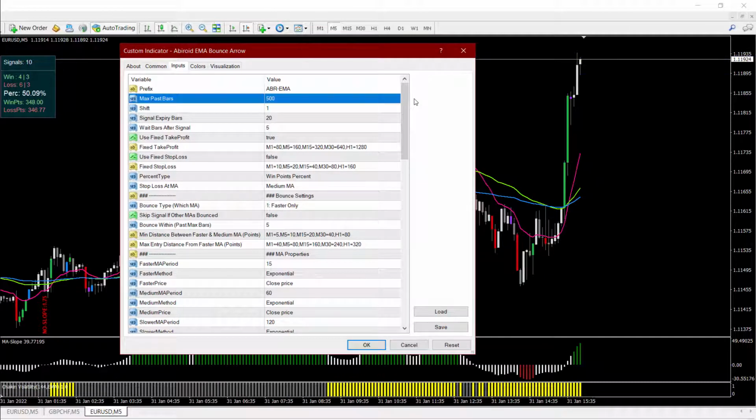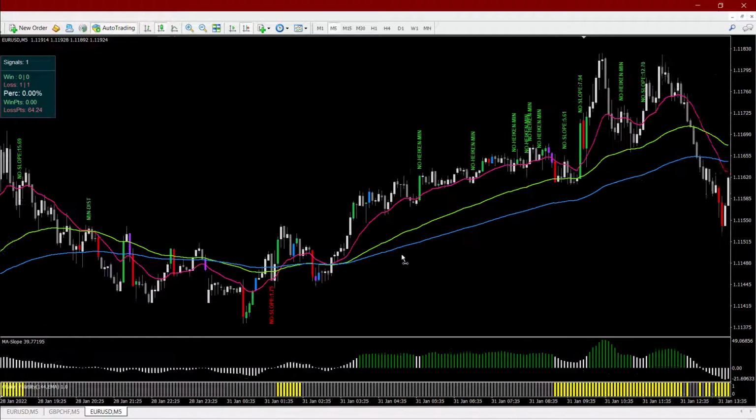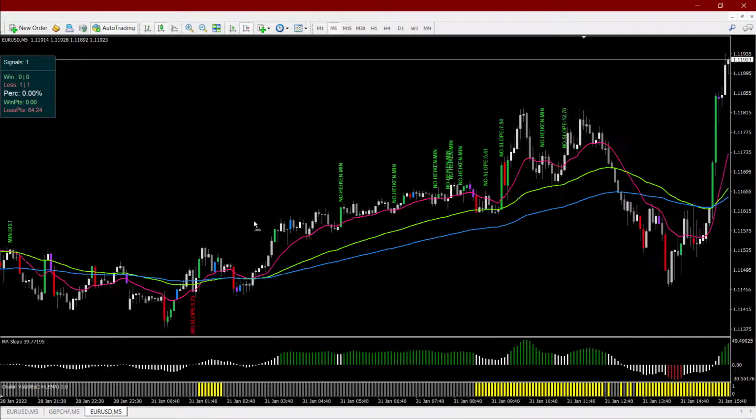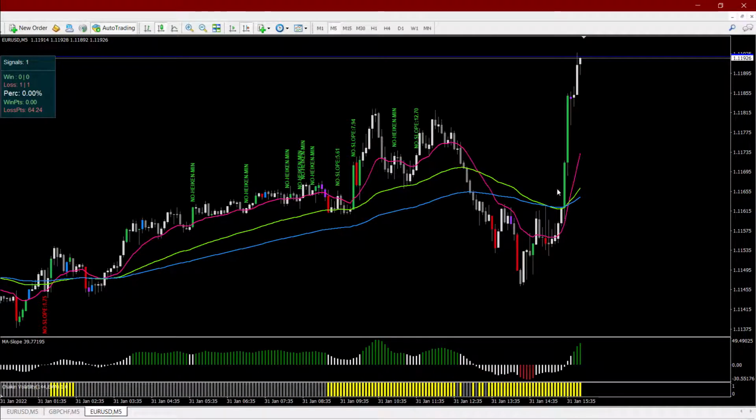In that case, maybe you will get much fewer signals, but at least you will be able to see exactly what the current market looks like, like right now, whether the market is in a particular range or in a particular trend.